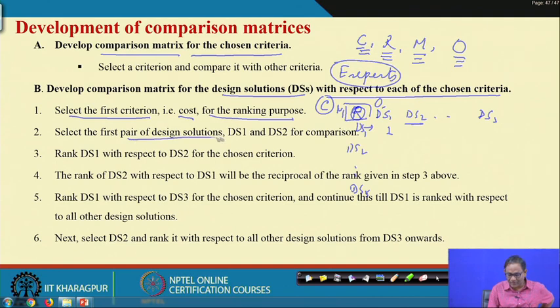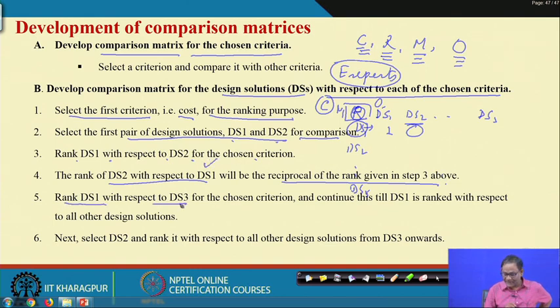Select the first pair of design solutions, DS1 and DS2. Rank DS1 with respect to DS2 for the chosen criterion. That means you will have some scale, and we will discuss this, to get some values. Then rank DS2 with respect to DS1, and the reciprocal will be the rank given in the previous step.